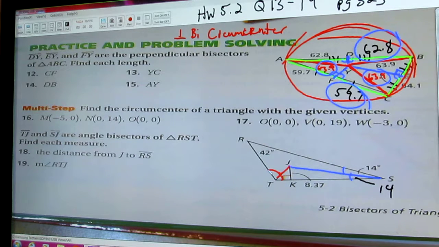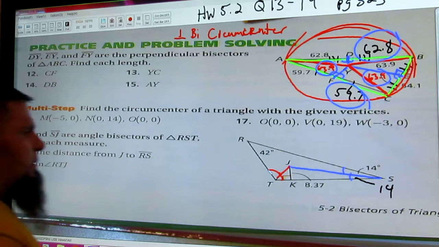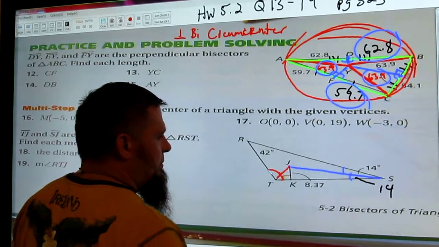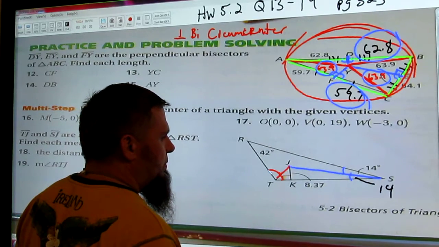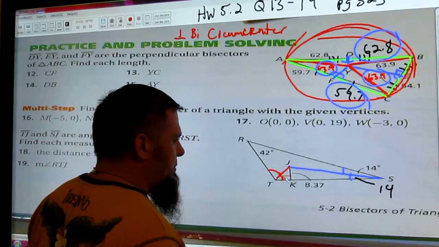Now, here's the deal. This is a right angle.